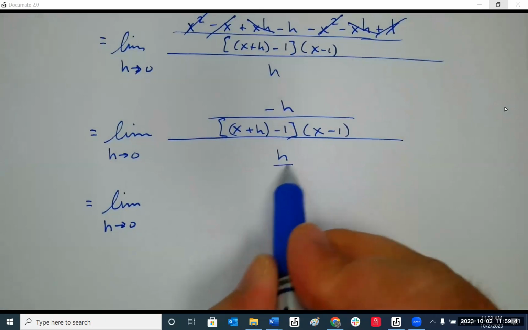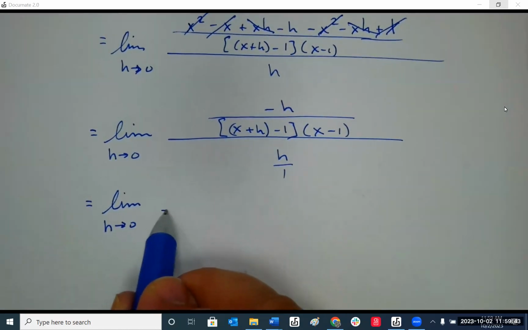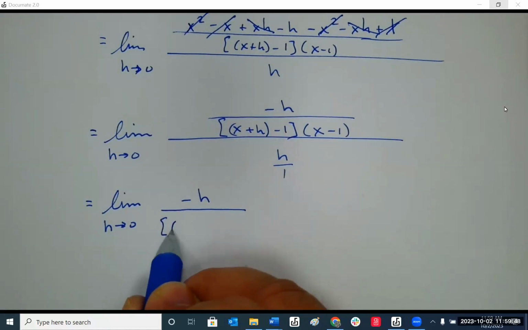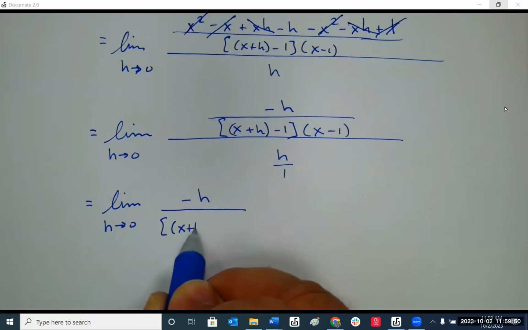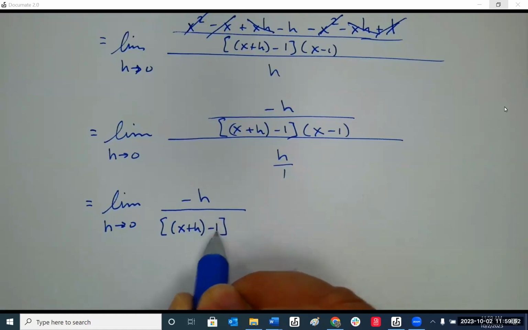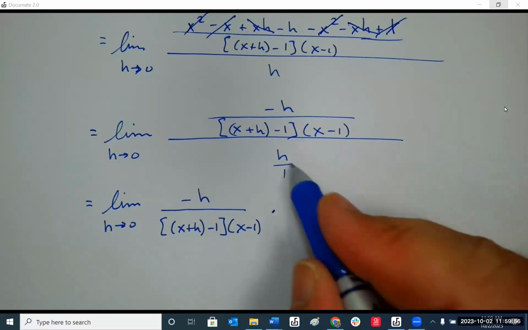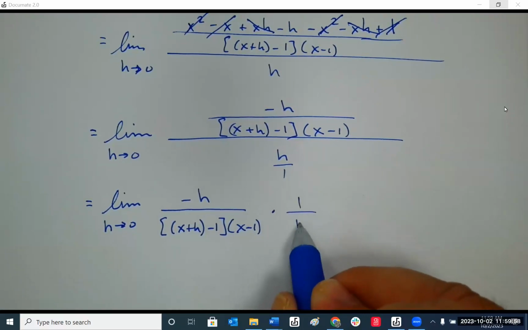We have a fraction over a fraction. So take the top fraction and leave it alone, multiply by the flip of the bottom.